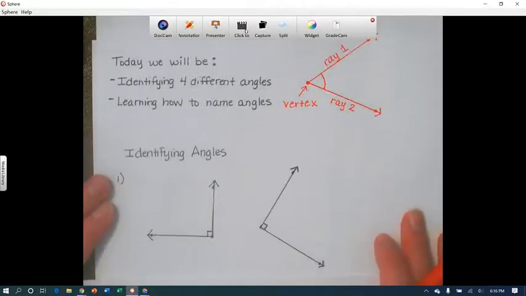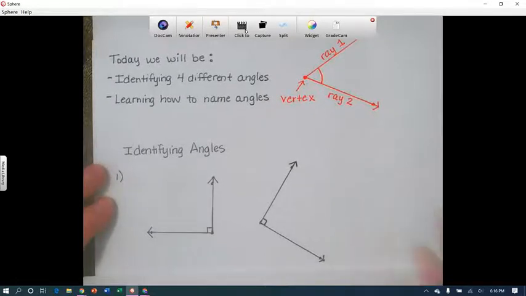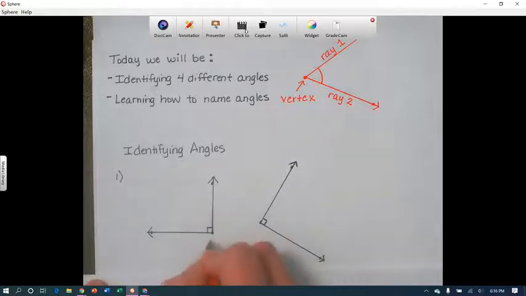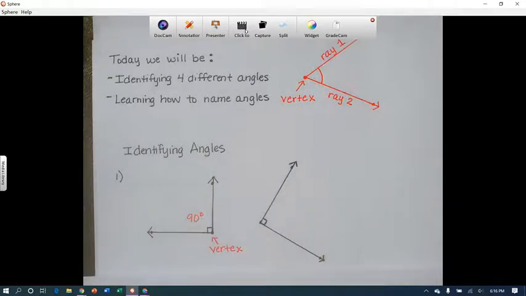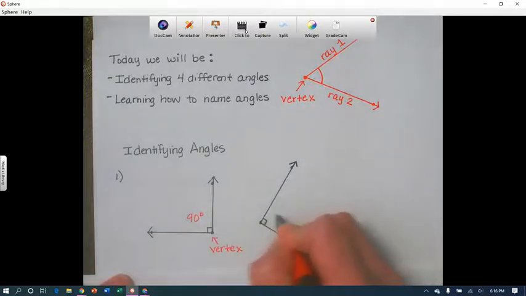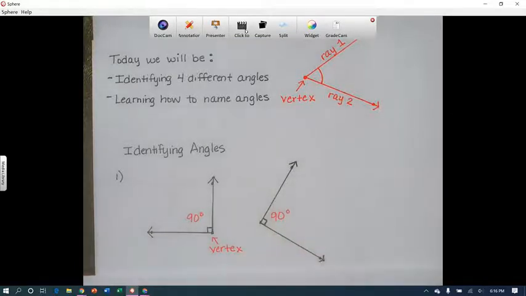So here's our first set of angles, and again, we have two rays that intersect at this vertex. And at the vertex, you see this symbol right here, and this means that this is a 90-degree angle. Angles are measured in degrees. And over here at the vertex, you also see that symbol. So again, this is a 90-degree angle.